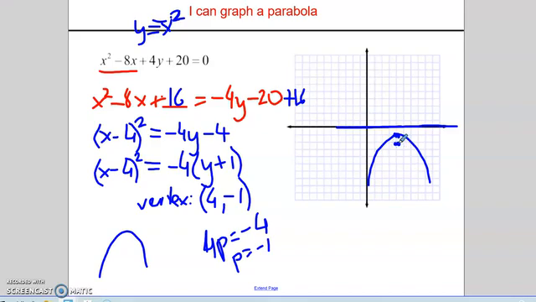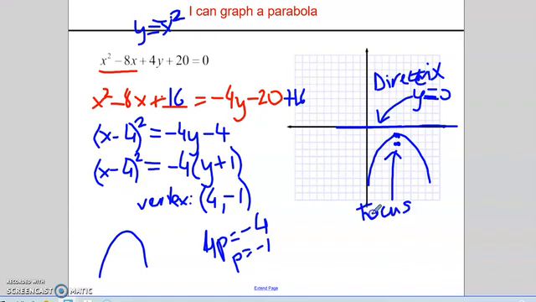So the equation for this directrix is y equals 0. And then the focus is just 1 below, so I'm at 4, negative 2. And then I've got the vertex there.